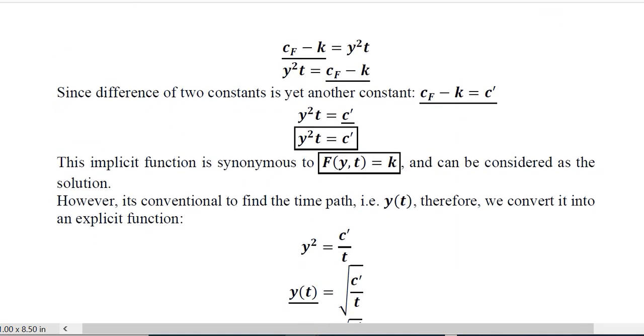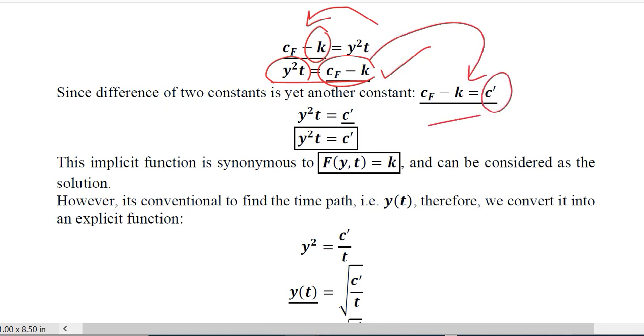I have shifted the other constant from the right hand side to the left hand side. It was k, and now it has become a negative value. Mirroring the image, I will get y square t equal to this. Now, instead of writing two constants as a difference, I can write them as one constant, which is now c bar, and this can be the solution of the given exact differential equation.